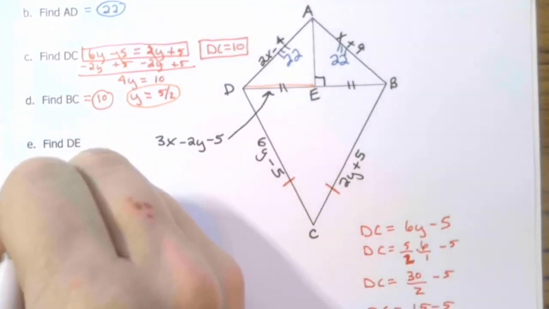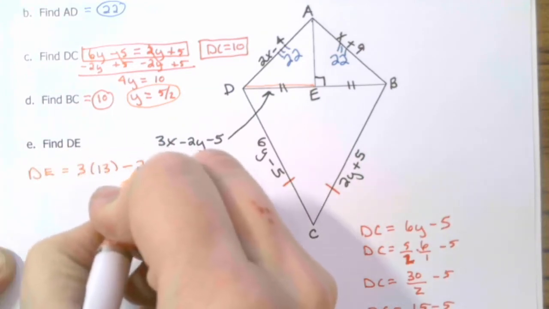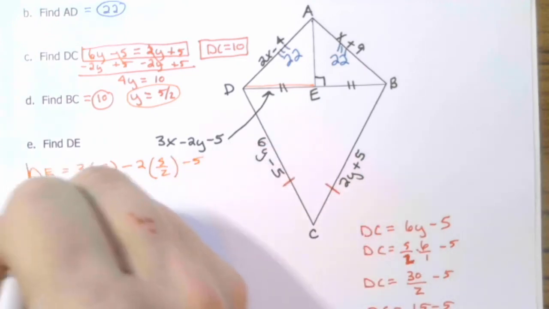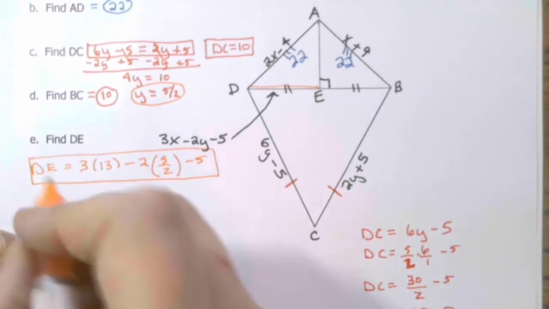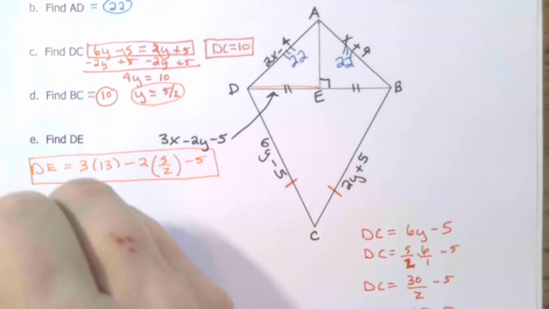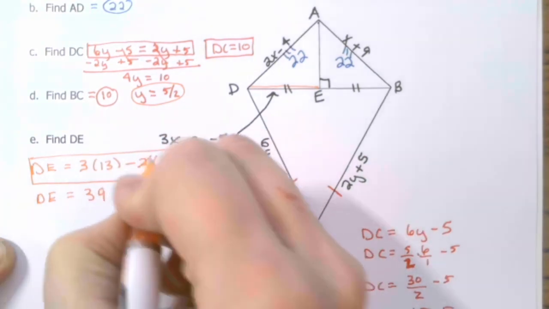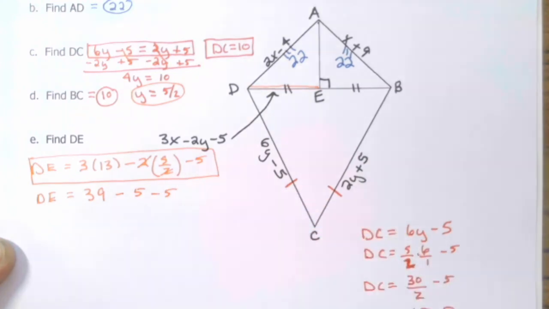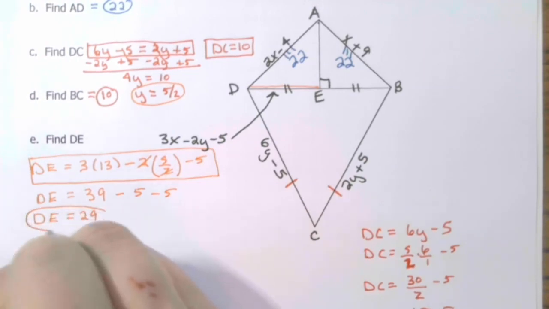So DE equals 3 times x, which is 13, minus 2 times y, which is 5/2, minus 5. That's my equation. All right, 3 times 13 is 39. Here the 2's cancel, so I have negative 5 minus 5. So 39 minus 10 is 29.